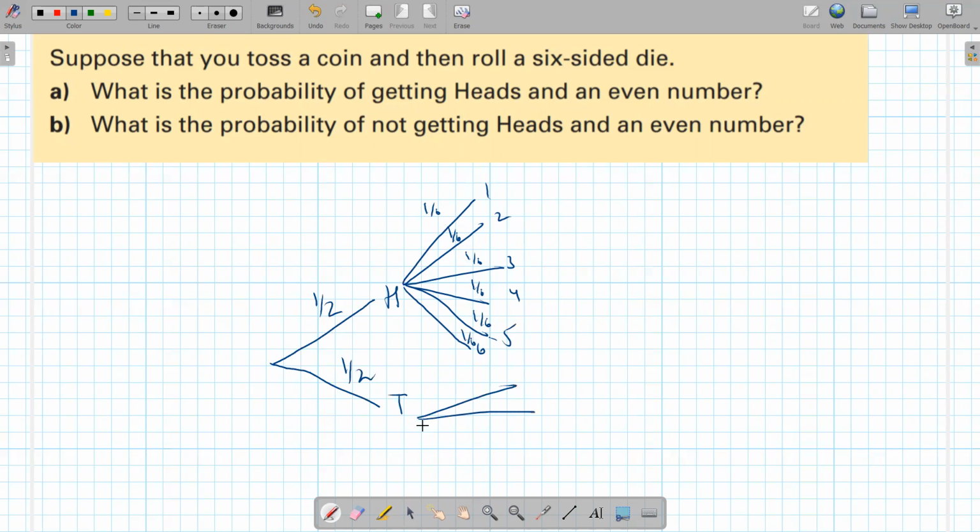You say you get a tail, and then you can get 1, 2, 3, 4, 5, 6, yeah? The question's asking you, what is the probability of getting heads and an even number? So you go heads first, and then you go to 2, 4, or 6, right?